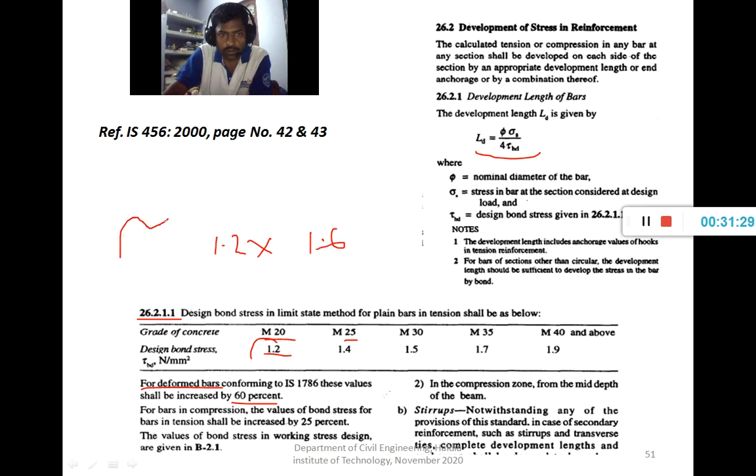This is the tau Bd value if I use deformed bars. Generally deformed bars are used, plain bars are not used. So the bars we use in design are deformed bars. That's why this bond stress is multiplied by 1.6, because the value has to be increased by 60%.